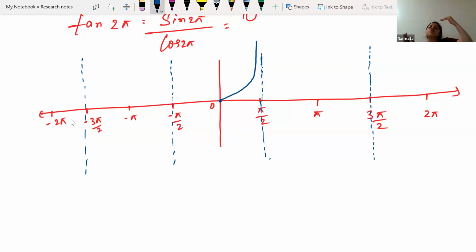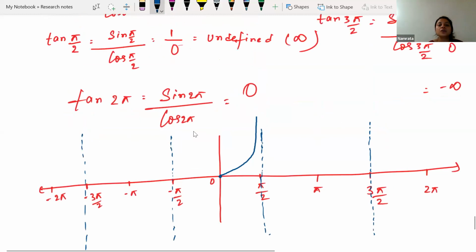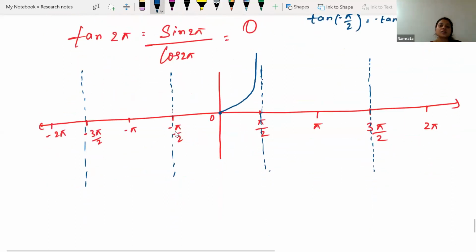Okay, and when you go down and down and down, it's negative infinity. Okay, now what about tan minus pi by 2? Tan of negative theta will be minus tan theta, so it's minus tan pi by 2. And what is the value of tan pi by 2? It's infinity. So negative infinity, right?